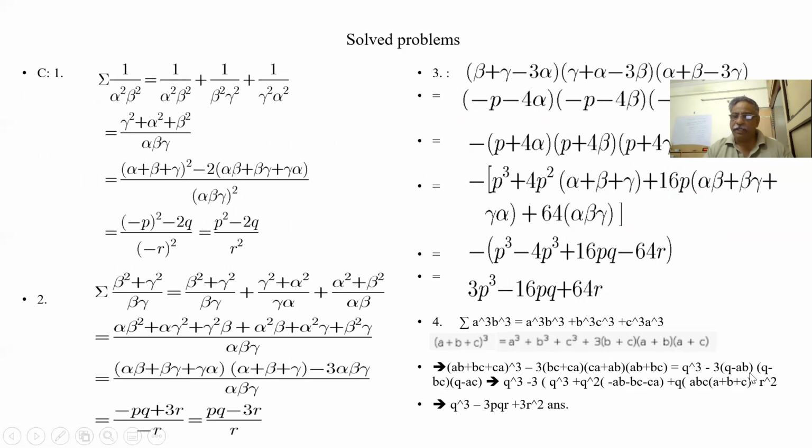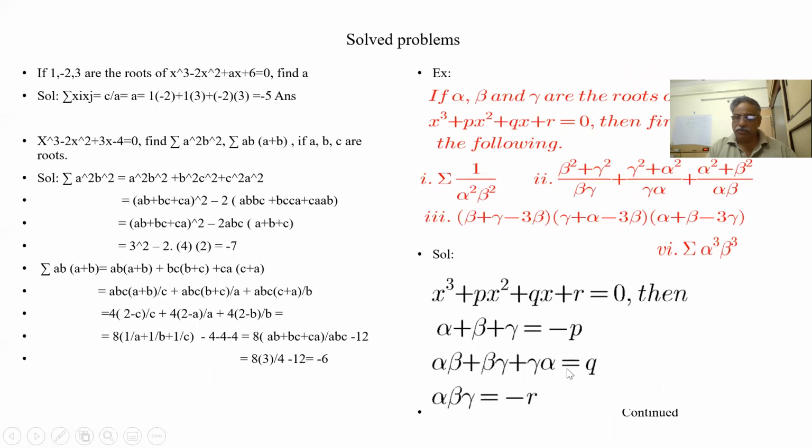So when I am expanding and converting into the ab, bc, ca format, I can simply substitute. q cubed minus 3 into q cubed plus q square into this. What is ab plus bc plus ca? We know ab plus bc plus ca is q.